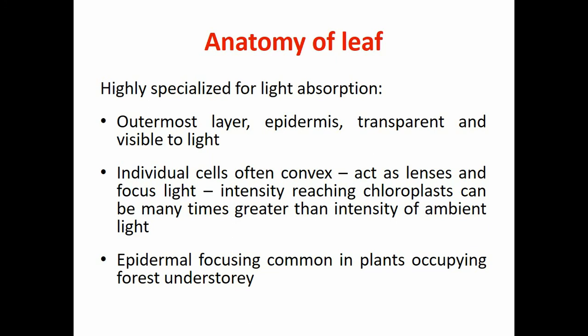We have areas where the plants are not necessarily going to get 2000 micromoles per meter squared per second. So not all the plants are going to have access to that amount of photosynthetically active radiation, and because of that, the plant needs to adapt its leaf to make sure of optimal absorption. And for that, it has a transparent epidermis. Its cells are often convex.